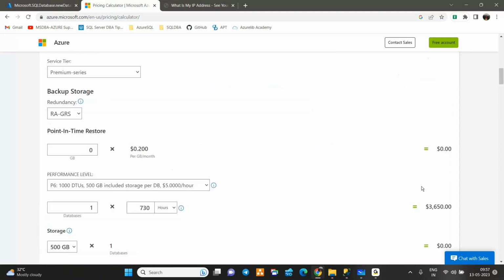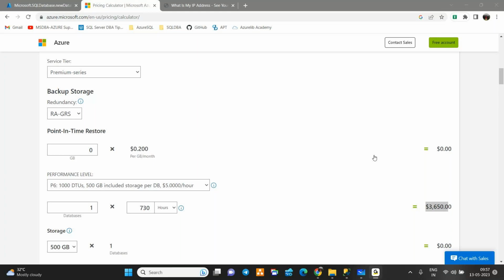Then you will get the price here, how much Microsoft is going to charge. You can see the pricing clearly here.